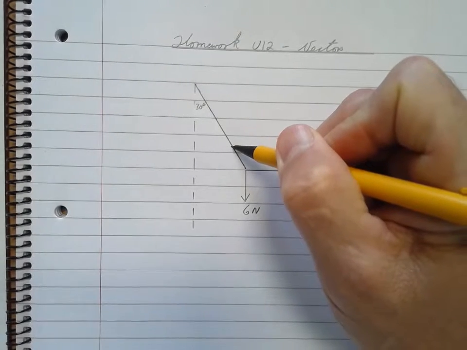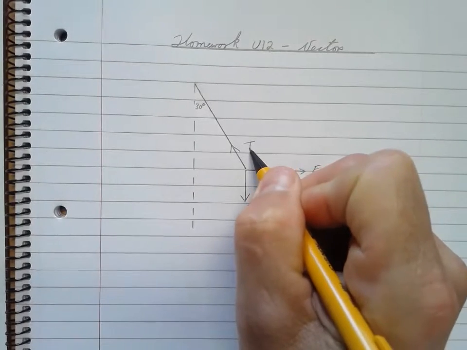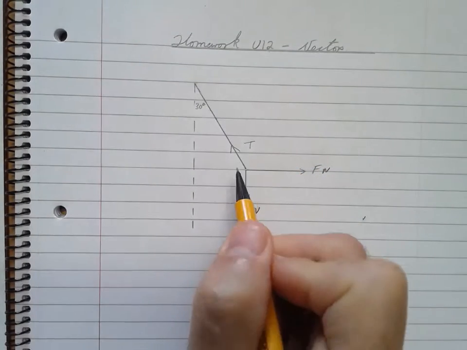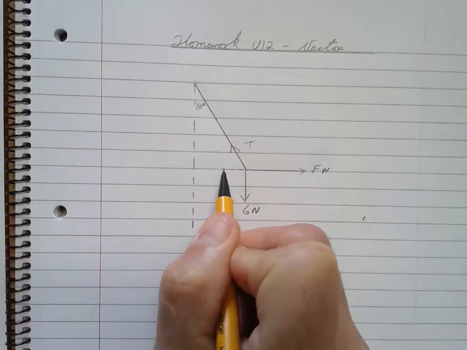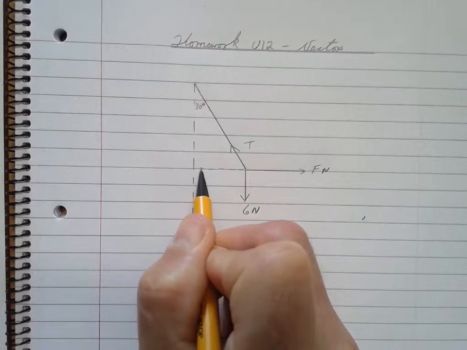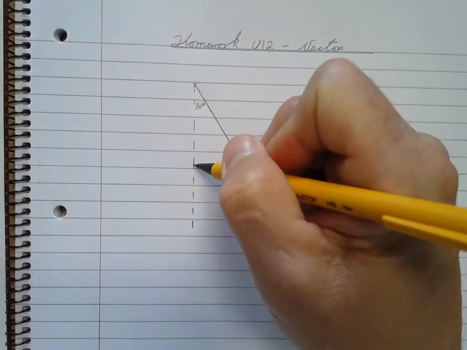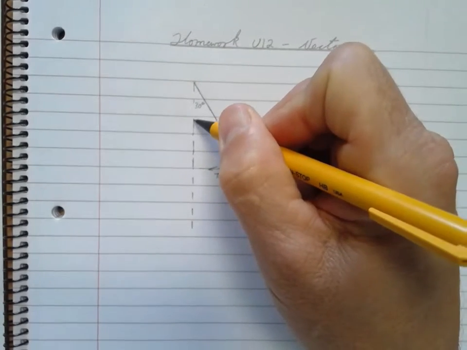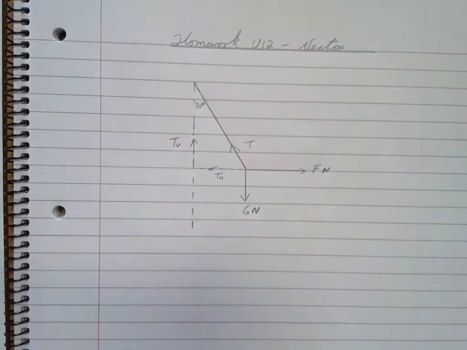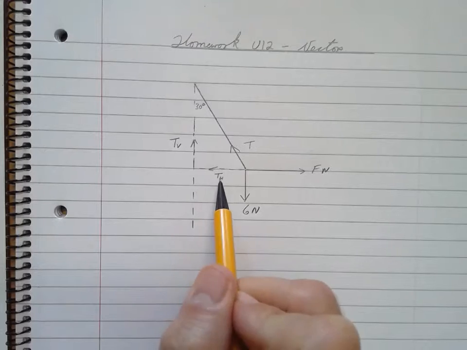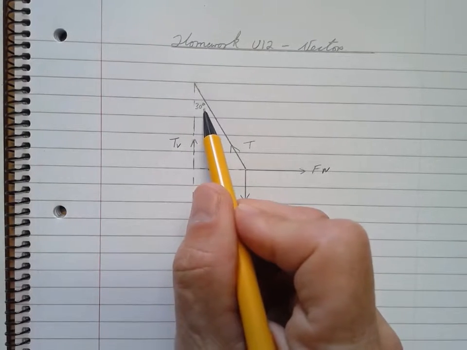And there's going to be a tension on the string going this way, so there's T for the tension, and we're going to separate this force into two forces: one horizontal, T horizontal, and one going up, T vertical. We're going to resolve both of these in terms of T, given that we know this angle up here is 30.